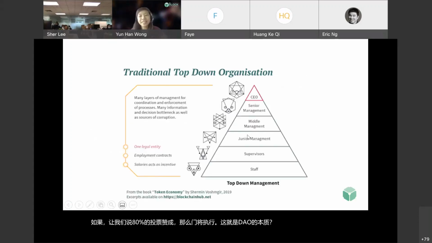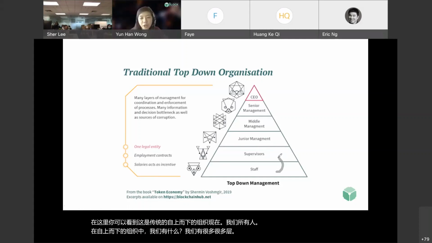And here you can see this is the traditional top-down organization right now, what we all are doing. In a top-down organization, what do we have? We have many, many layers. The staff report to the supervisor report to the junior management to the middle management, and vice versa. So what happened?